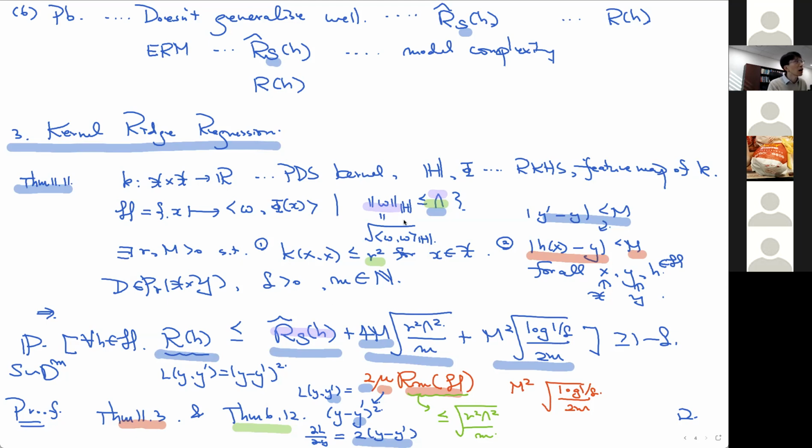So that's the idea behind kernel ridge regression. The idea is to try to minimize both the norm of w in the RKHS and the empirical error at the same time. So let me tell you this algorithm, and then analyze the primal form a little bit, which will perhaps take all of our time.